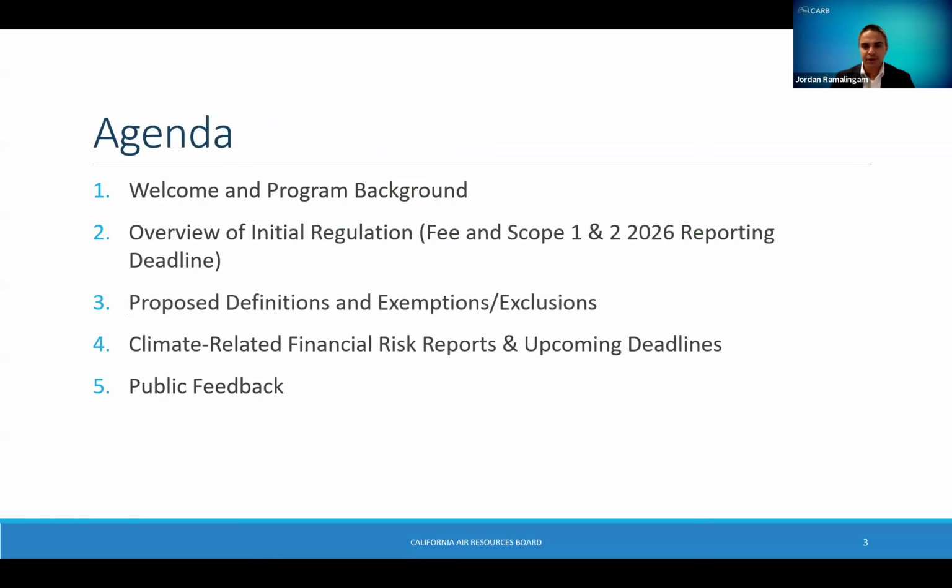We'll start the workshop with a quick review of what the 200s are and staff's progress to implement these laws to date. Then we'll talk at length about the scope of the initial regulation, which staff is planning to bring to the board in Q1 of 2026. This initial regulation establishes a first-year-only 2026 scope 1 and 2 reporting deadline, as well as fee administration. As part of this discussion, we'll talk about efforts CARB is making to support compliance, and we'll touch on feedback that we received on the preliminary list.